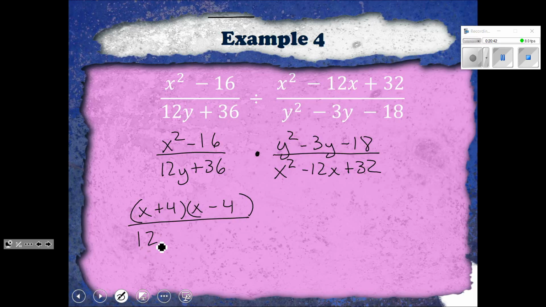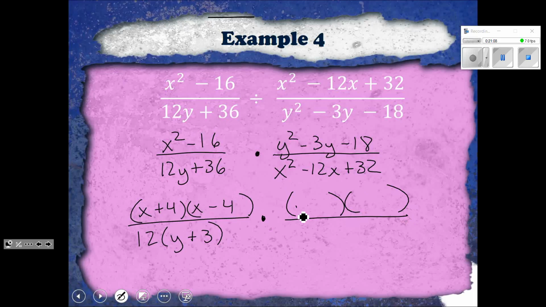Very good. 12 times y plus 3. How many didn't do 12? How many did like 6, 4, 3, 2? What happens when you don't get the biggest out? You're going to have to refactor it, or it's just not going to work. Things won't cancel. Does that make sense? And then it's going to make your problem wrong. So you've got to get the biggest out. Okay? All right.